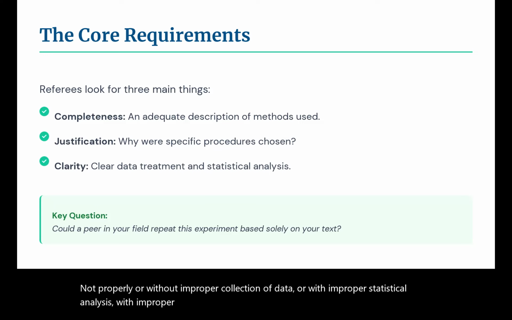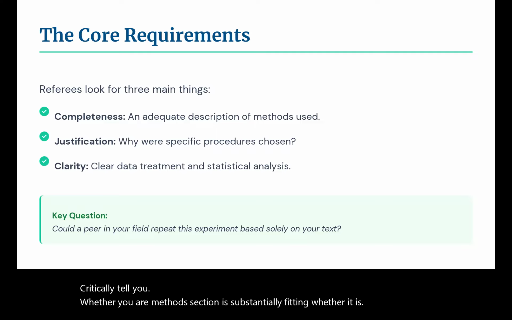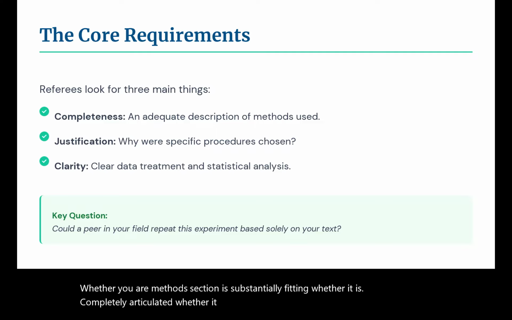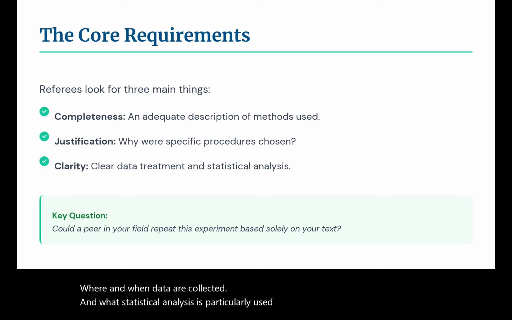So, my dear friends, keep in mind that these three things critically tell you whether your method section is substantially fitting, whether it is completely articulated, whether it is sufficiently justified, and whether you add clarity to your decision on methods by bringing how data are treated, where and when data are collected, what statistical analysis is particularly used, and how you're going to triangulate your data.